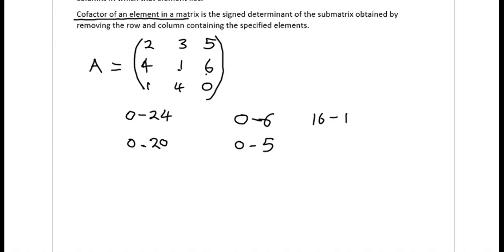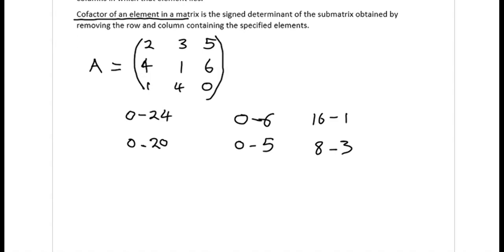Then for 6: 2 times 4 is 8, minus 3 times 1, which is 3. Each of the elements I delete, there is no need of including them in my products.